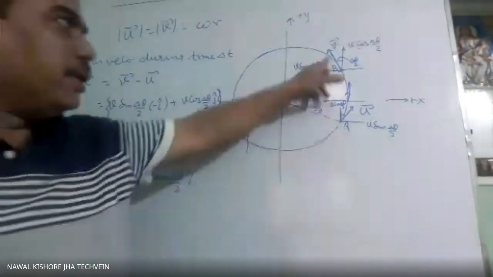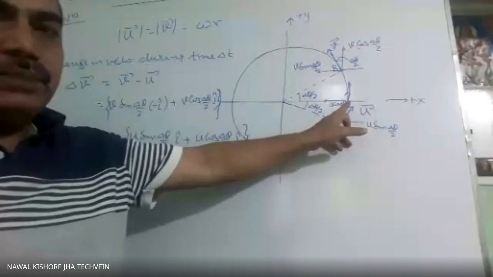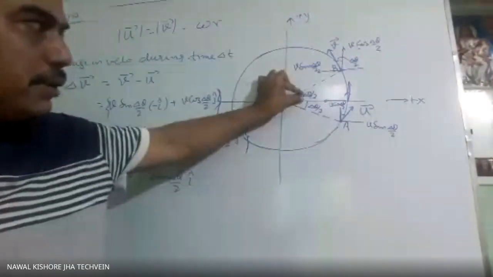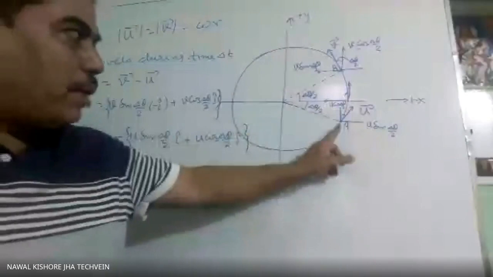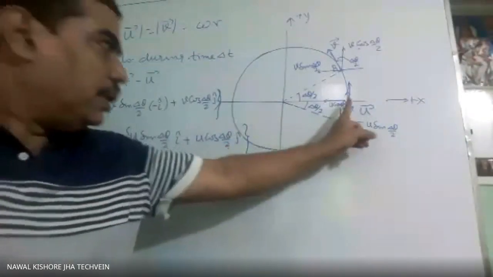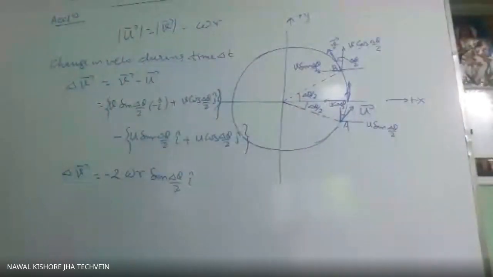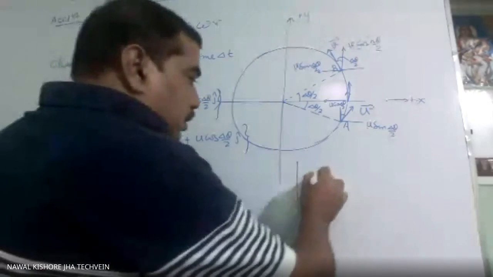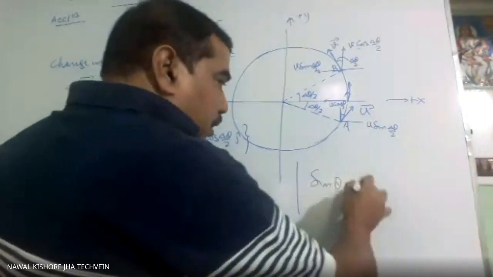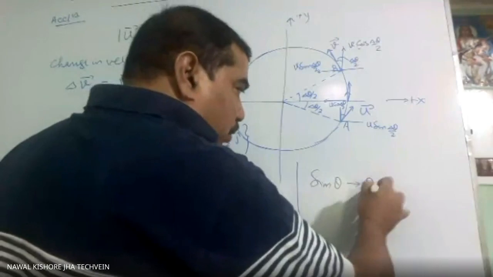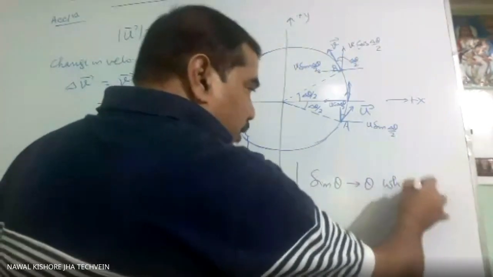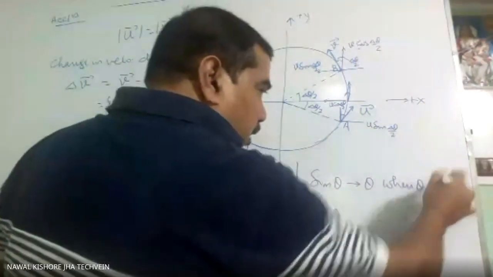If point A is very close to B, that is, delta theta is tending to 0, then naturally points A and B are very close. In that case, when we take the limit, the direction will come along the radius. Now we have seen that sin theta is approximately equal to theta when theta is tending to 0.